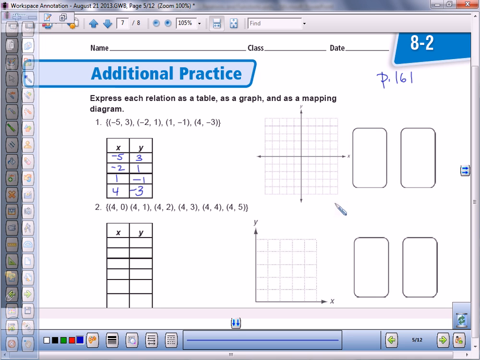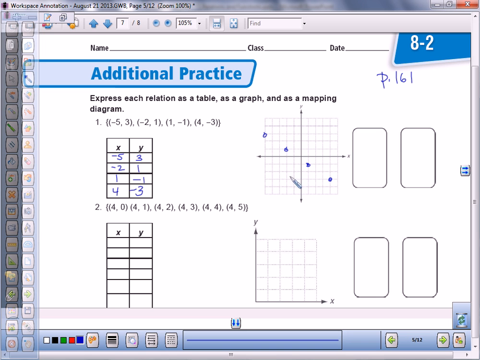Okay, as a graph, we're just going to plot the points. -5, 3. -2, 1. 1, -1. 4, -3. Does this pass the vertical line test? Yes. If we say yes, it's a function here, when we graph it, it better pass the vertical line test.